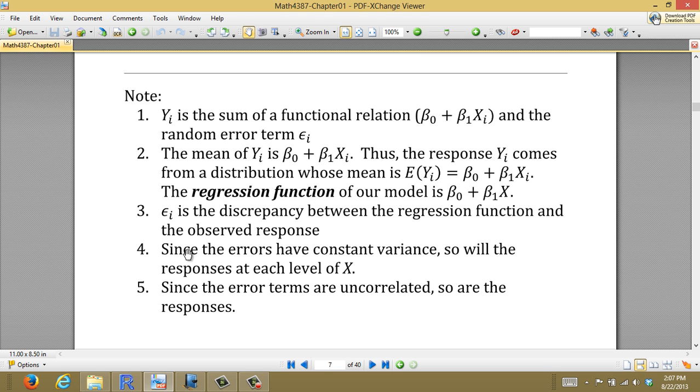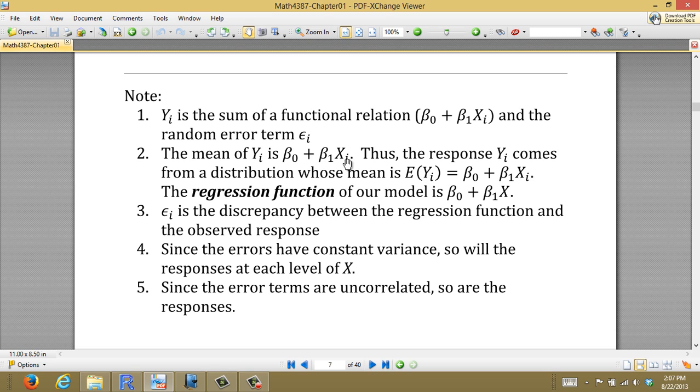So a few things to note about our simple linear regression model. The first is that the ith response is the sum of a functional relationship, beta naught plus beta 1 xi, so this relationship is exact, plus the random error term epsilon i. You should also note that the mean response for the ith observation is beta naught plus beta 1 xi.